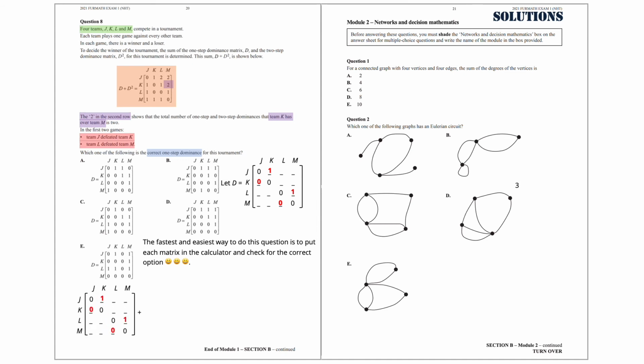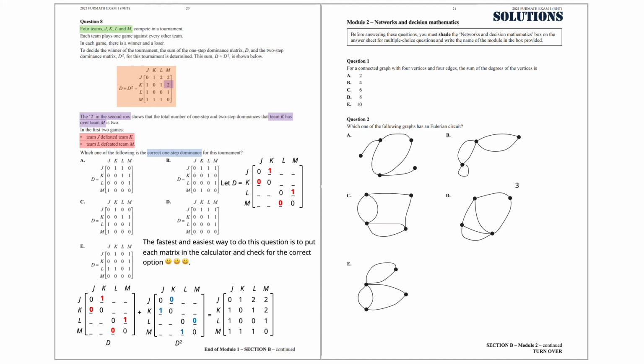So this matrix, which is D, plus this matrix, which is D squared, must be equal to the sum matrix already given to us. Note that there is a 0 in row 1, column 2 in the matrix D squared, and this is because if we add up those 2 elements in row 1 and column 2 in the 2 matrices, 1 plus 0 must be equal to 1.